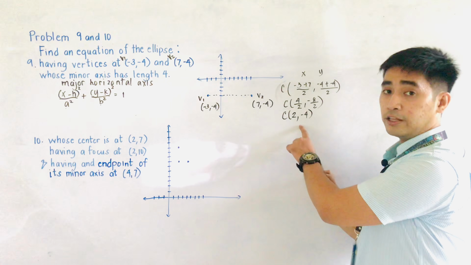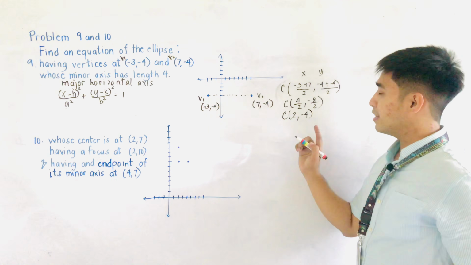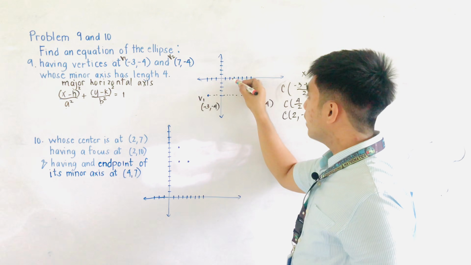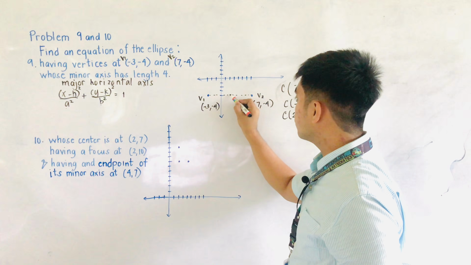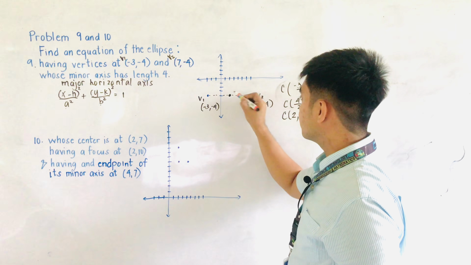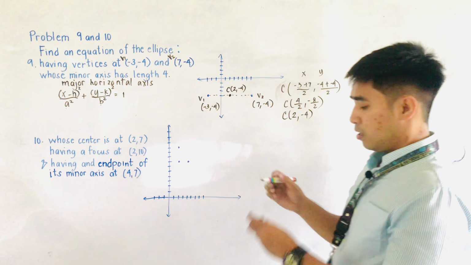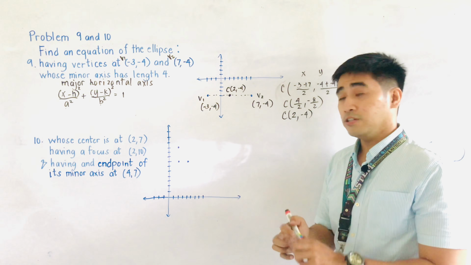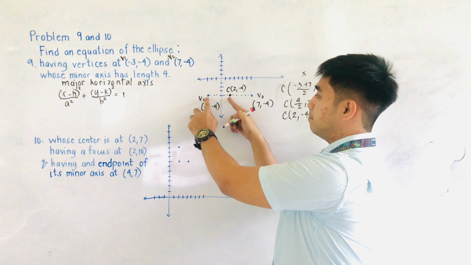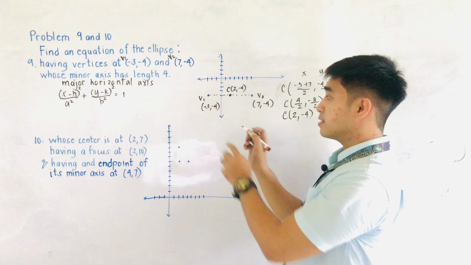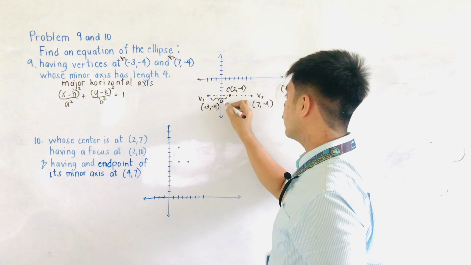So let us now try to plot the center. The center is located at 2, -4. From our past discussions, from the center to any endpoint of the vertices, that would be a. So this is a.